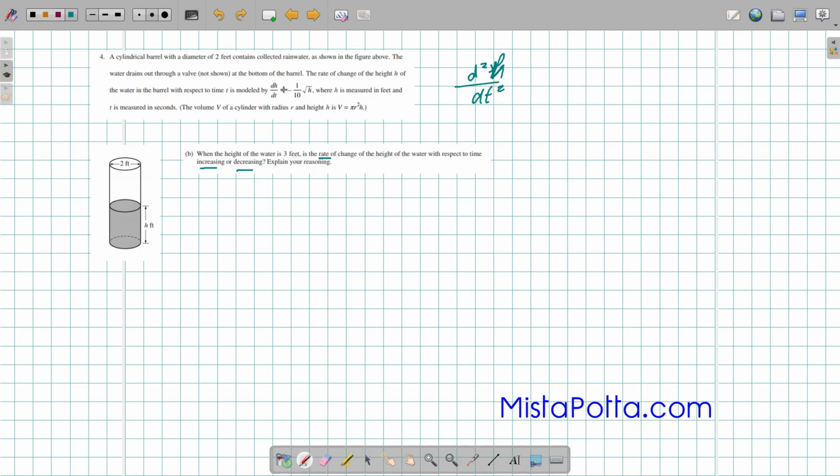Well, if I'm taking the derivative of h with respect to t, I get this. I want to take the derivative with respect to t of dh/dt, which means I want to take the derivative with respect to t of this negative 1/10 radical h. Now I'm going to rewrite this as h to the 1/2 power because that makes taking the derivative a lot easier for me.